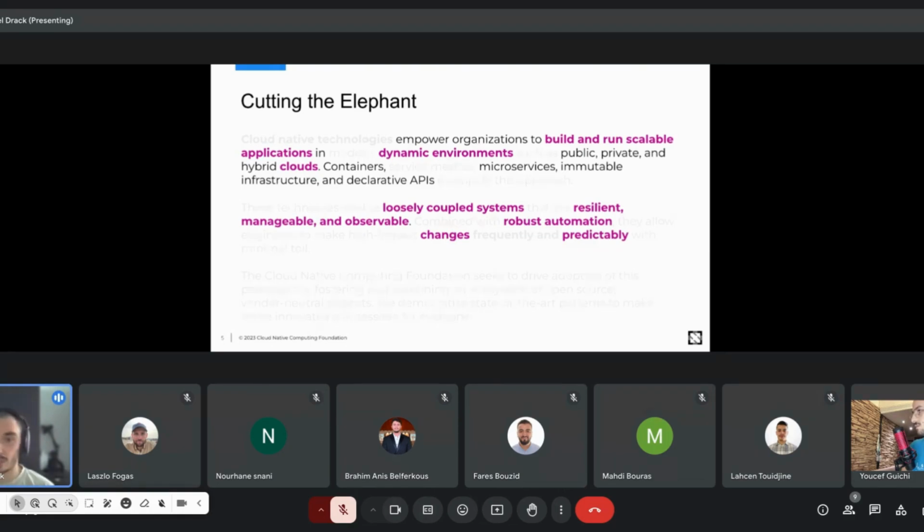So to sum it up, cloud native has no one word definition. It's more like a paradigm of doing things compared to the traditional way of application development and infrastructure, if you will. And it's more focused on automation, dynamic environments, smaller but more loosely coupled applications and microservices, which is the buzzword. And we actually try to find technologies that empower us to leverage such systems and build such applications.